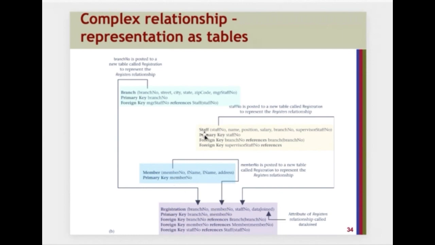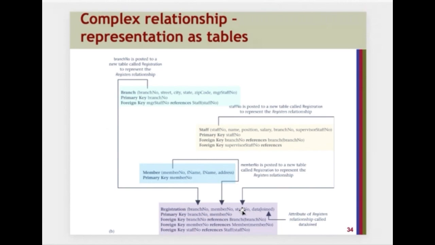Similarly, the primary key of the staff, which is staff number, is also copied here. Now, whenever we copy the primary key into other tables, they become part of the primary key in that table. So the registration table will have a primary key consisting of branch number, member number, staff number.